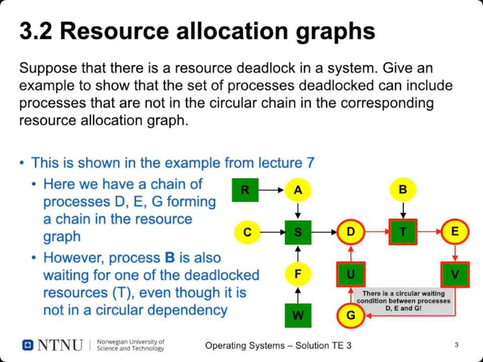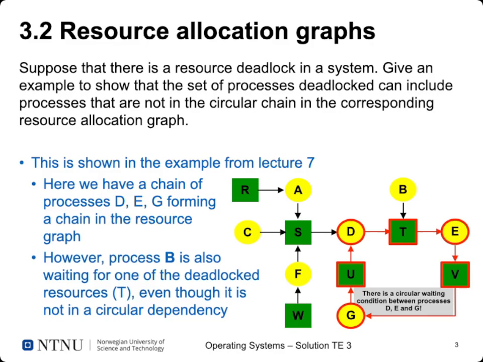So if none of these can or is willing to give up this request, then we have a deadlock and we cannot continue. And the question here is actually, can there be other processes that are impacted by such a deadlock situation, by a circular chain?